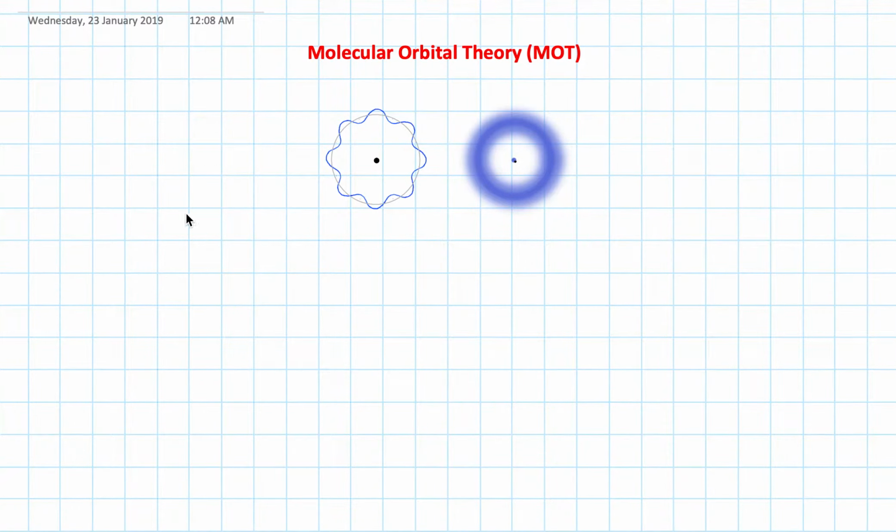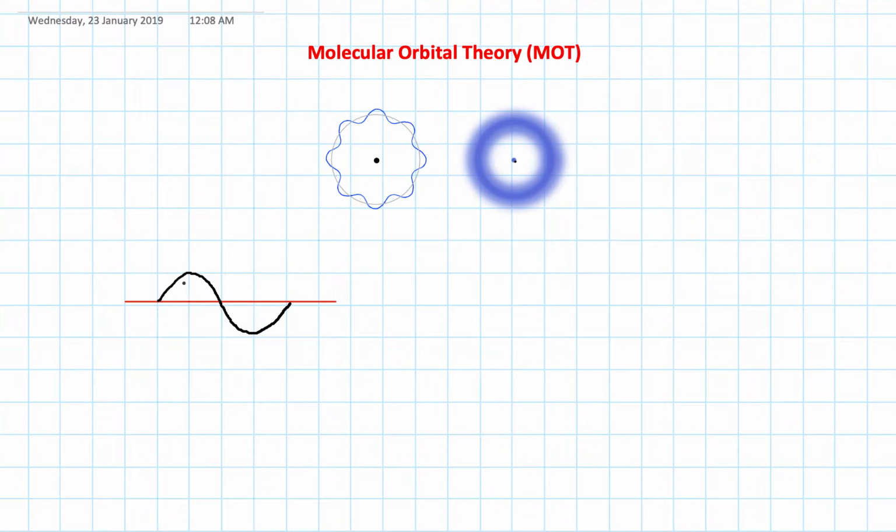Each wave consists of two parts. Suppose this is the reference line, and this is one part of the wave, and this is the second part of the wave.